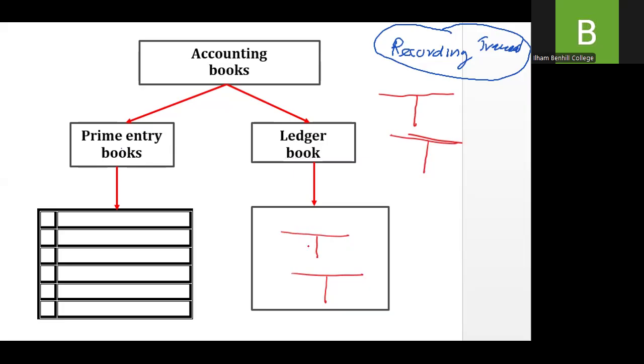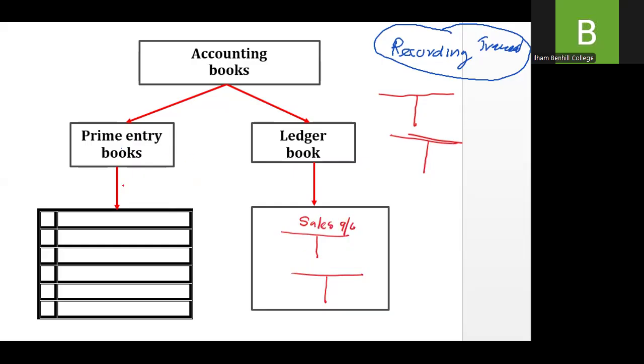So in other words, when do we record transactions in the accounts? End of the month. For example, if you take the sales account, we may discuss in the future classes, future videos.